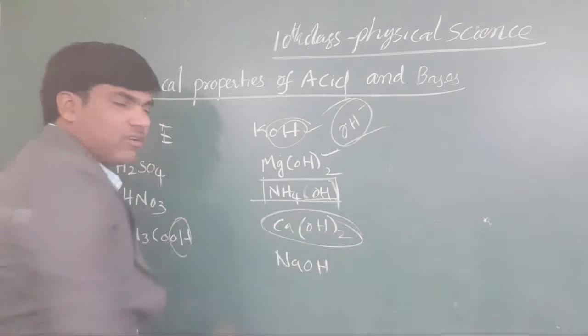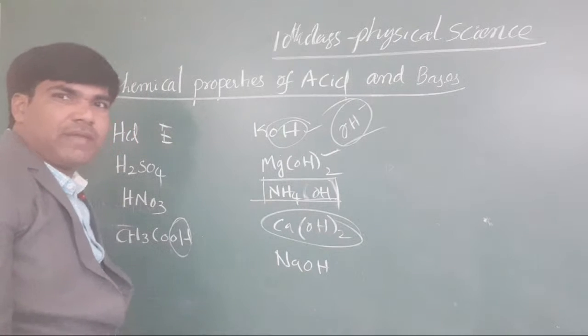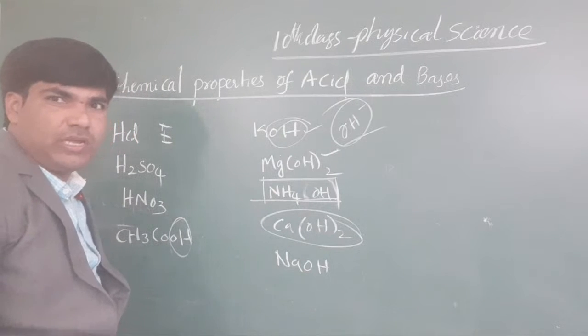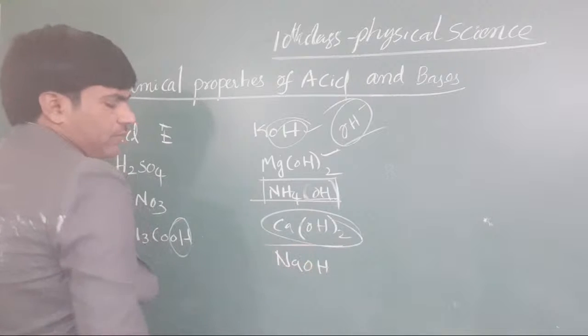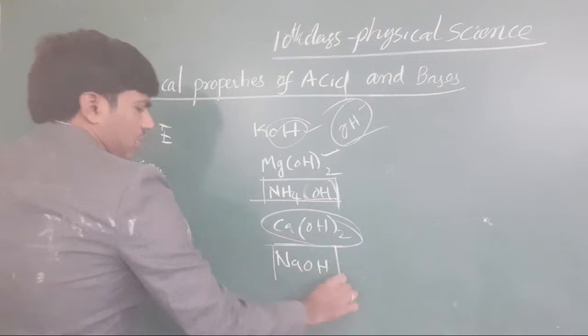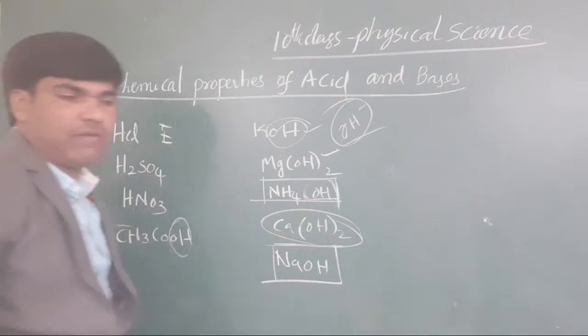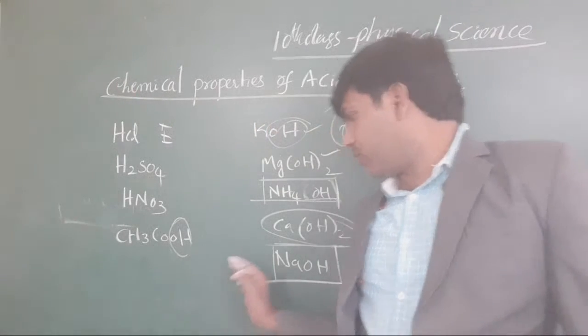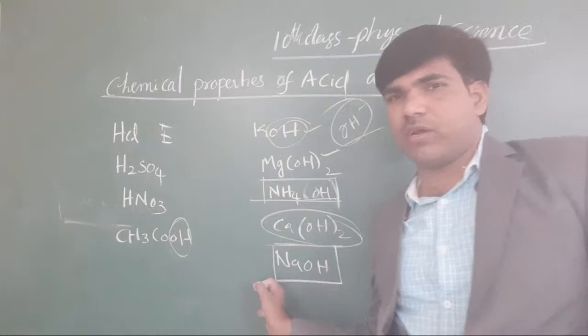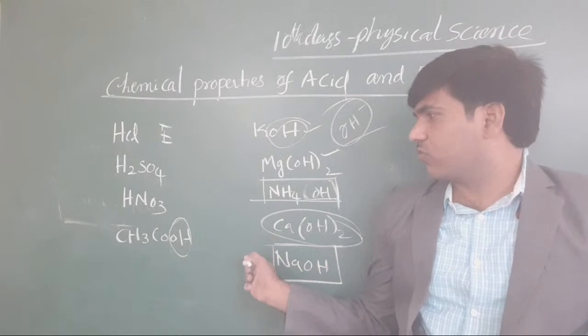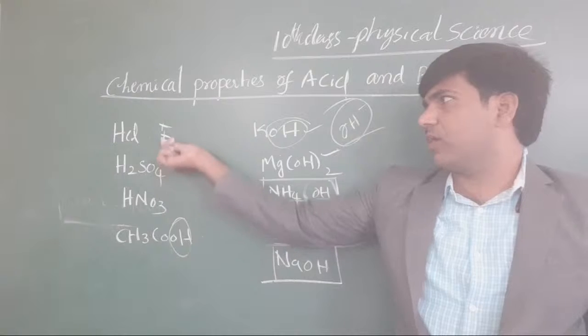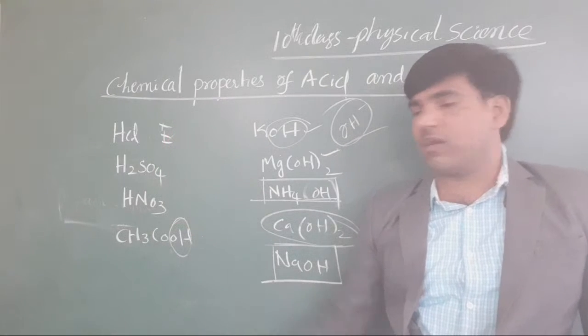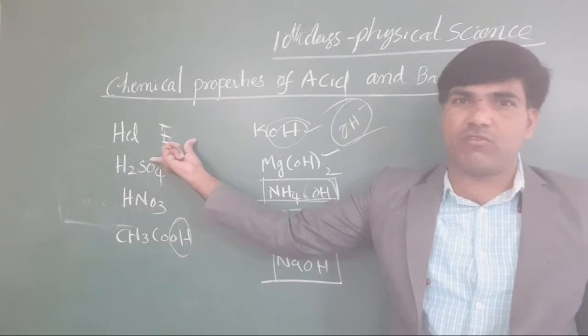As for calcium hydroxide, it is prepared from lime water. It is a simple thing only. And sodium hydroxide will be available in soap solutions. It is available in a number of soap solutions. Soaps are made by sodium hydroxide only. And HCl is regularly contained in our homes.